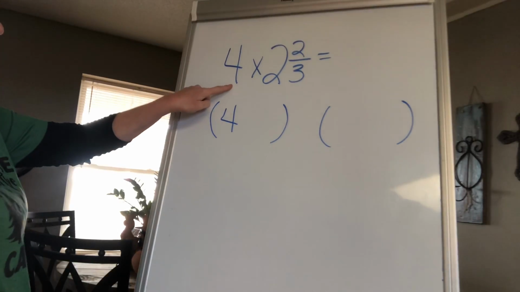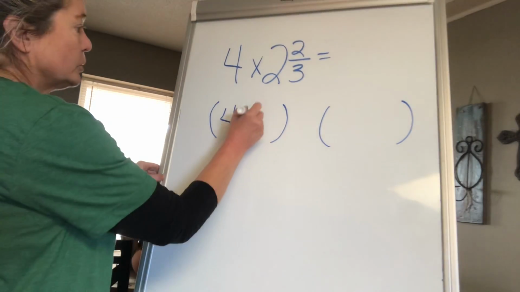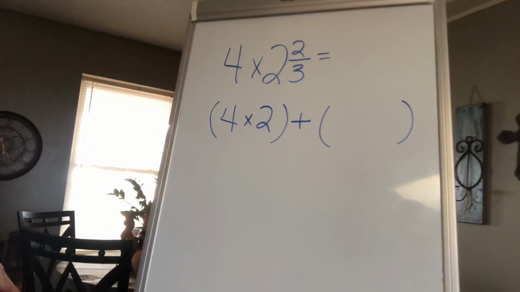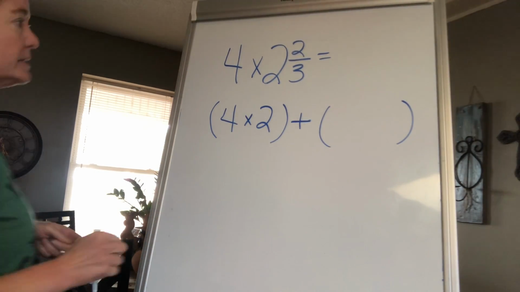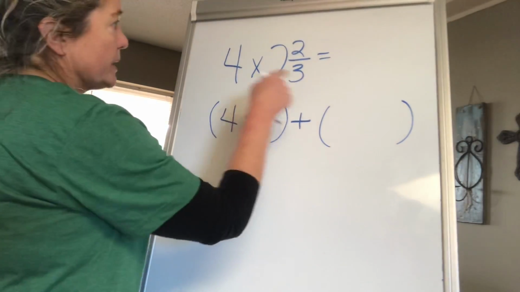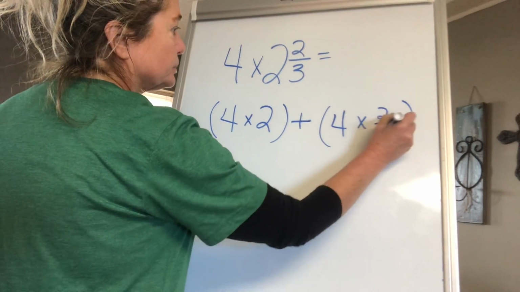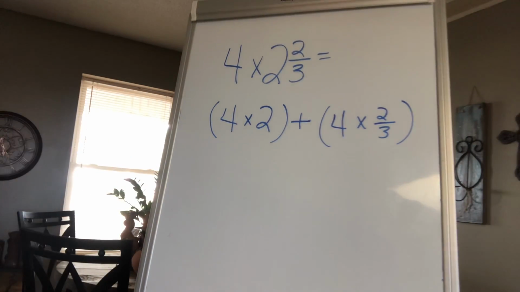The 4 is being multiplied times 2, and, remember, in English to Mathlish, the 4 is being multiplied times the 2/3. So if you want to do it the distributive property way, you're still going to come out with the same answer.